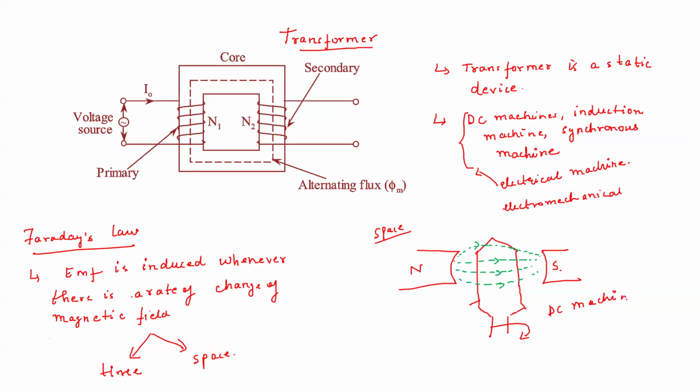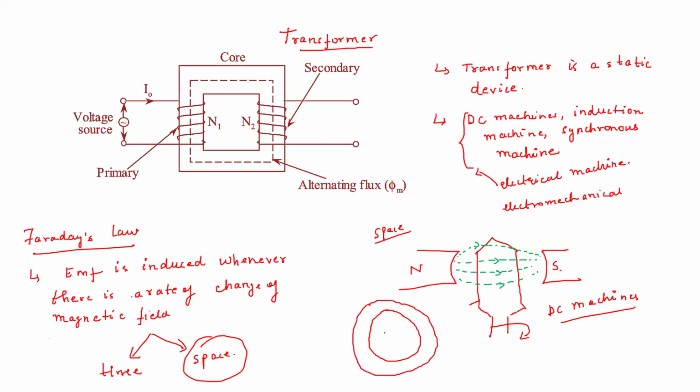We will see in the incoming lectures for the synchronous machine and induction machine how this rate of change is created. In these DC machines, induction machines, synchronous machines, the rate of change is created in space, meaning you use a prime mover to rotate. These three machines have a stator, like this.